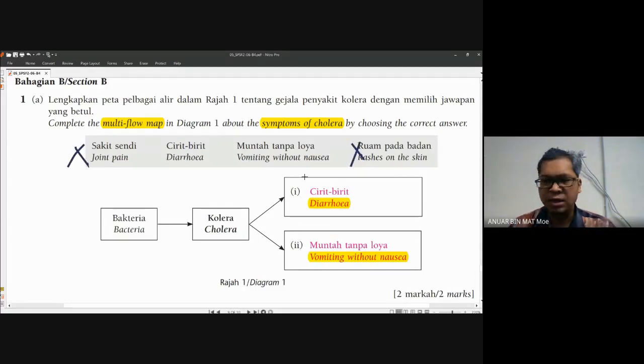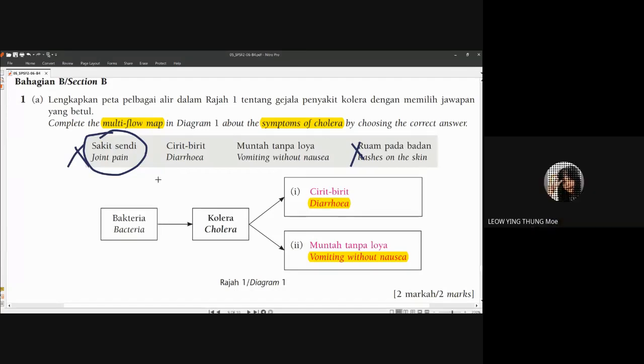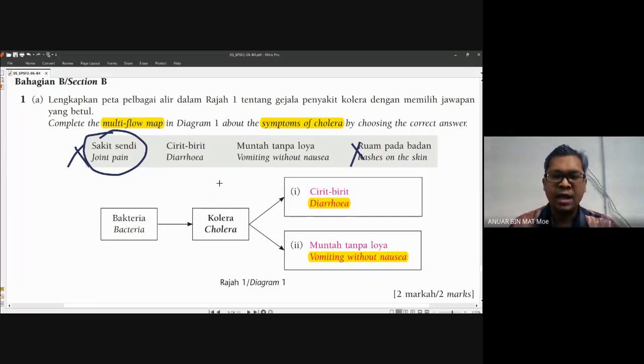Okay, very straightforward. Joint pain usually what disease, class? What disease usually has joint pain? Anybody? Dengue. Yes, correct. Dengue, Zika, and then there's another one, chikungunya. You know chikungunya, right?